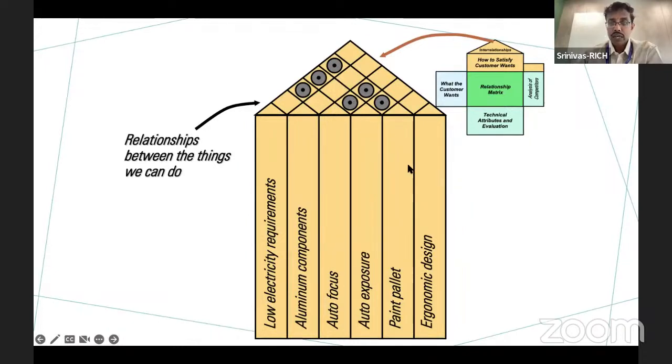So these 3 are probably very closely correlated. Similarly, autofocus probably is very closely correlated to auto exposure and paint palette. So if I decide that I don't want autofocus, maybe it will also impact my auto exposure and paint palette. Right? So these are some of the things that you have to analyze and form the interrelationship between these factors.